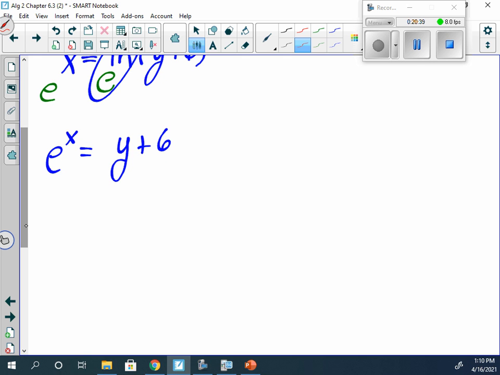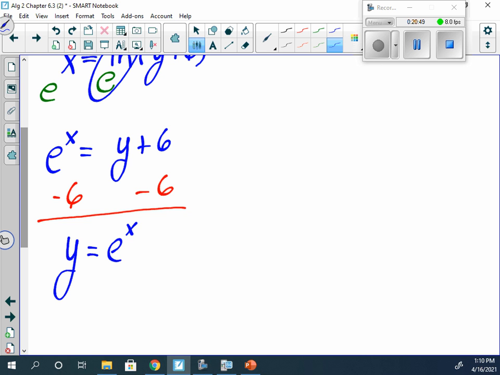And last but not least, we can subtract 6 from both sides, telling us that y is equal to e to the x minus 6. Any questions on any of this here? Any questions on anything we've done so far?